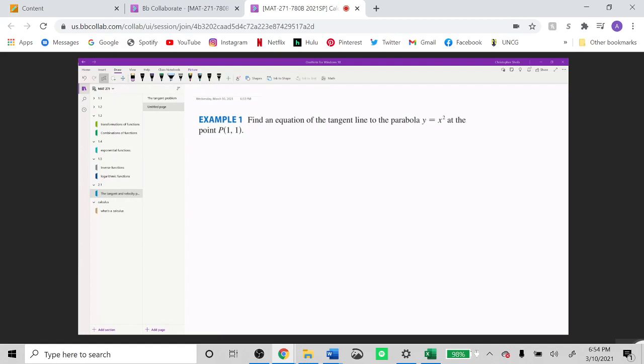This seems to be pretty difficult, right? The difficulty here is that I only know one point on this line, but how many points do I need in order to compute a slope of a line?